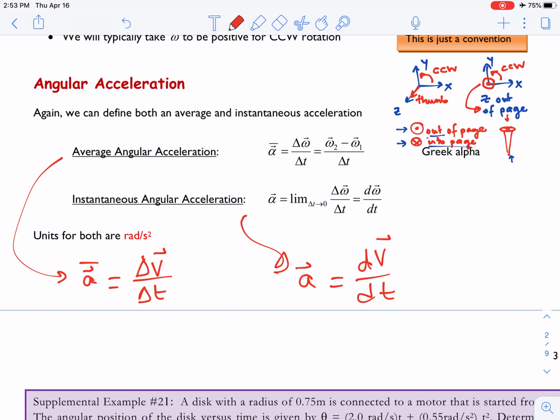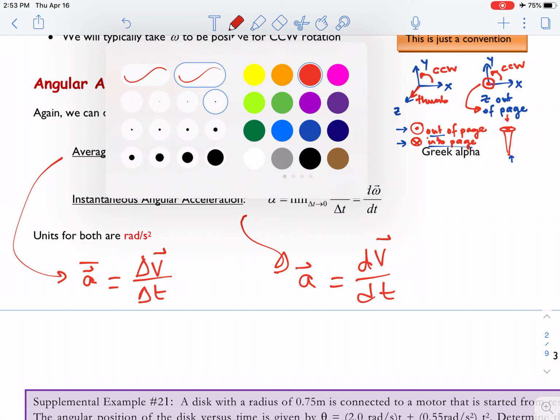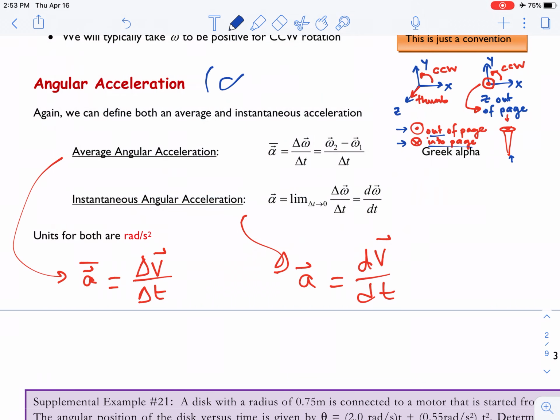Right, so what we are doing here is, instead of a, we are using alpha. Okay, this chapter is all about Greek letters. So angular acceleration is alpha, so a goes to alpha, so there's some sort of a mapping. So far, let's recall what we did.